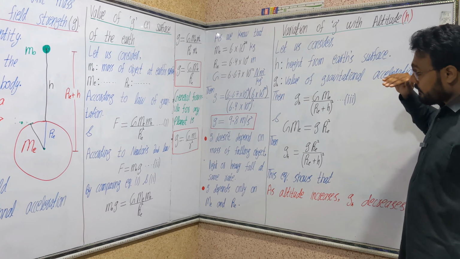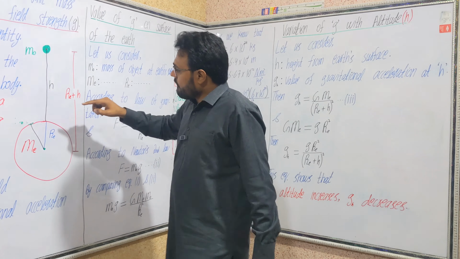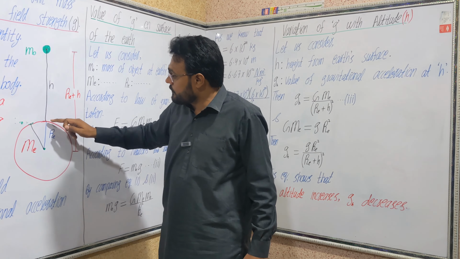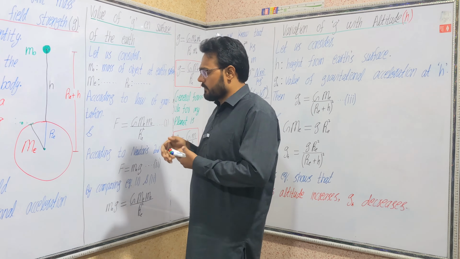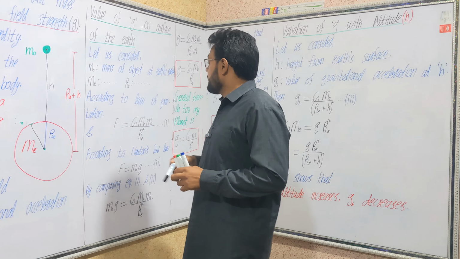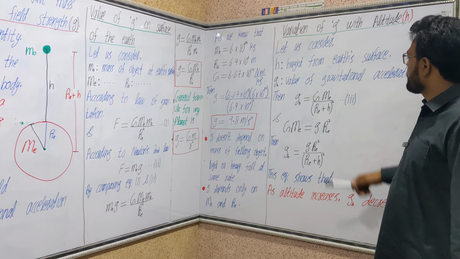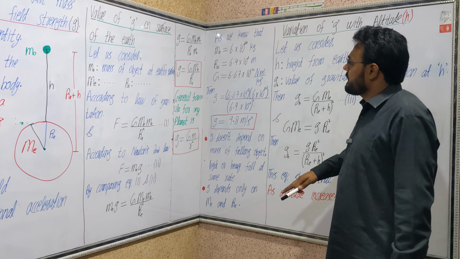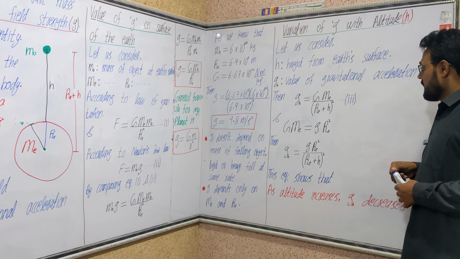Now the value of g at height h, where an object is placed at some height from the surface of the Earth. Let h be the height from the Earth's surface, and g_h the value of gravitational acceleration at height h.